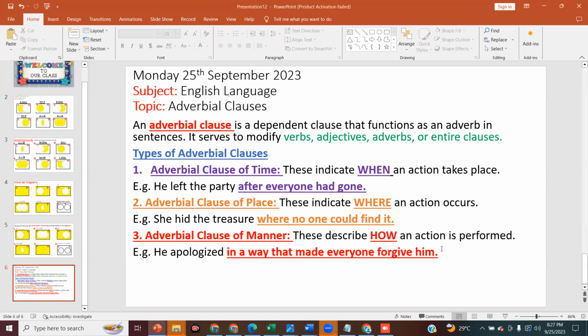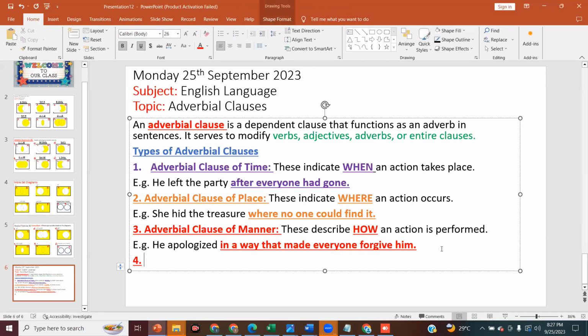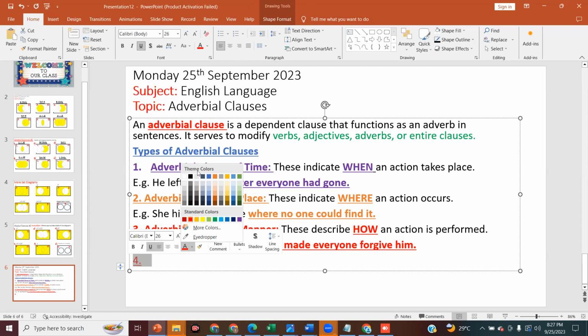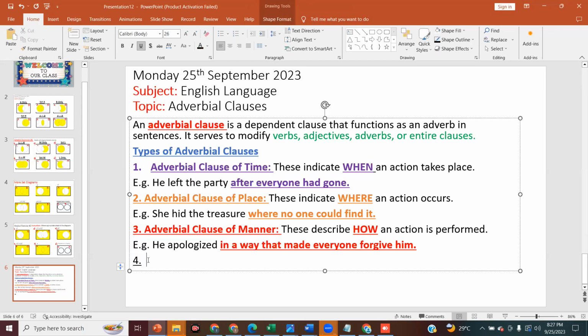Now, do you think we have any more? Yes, we do. So we have an adverbial clause of place, an adverbial clause of manner. Now we're going to look at the adverbial clause of reason. So it's cause. This is like why something happened.